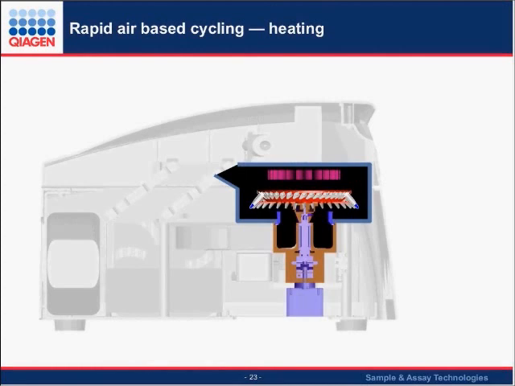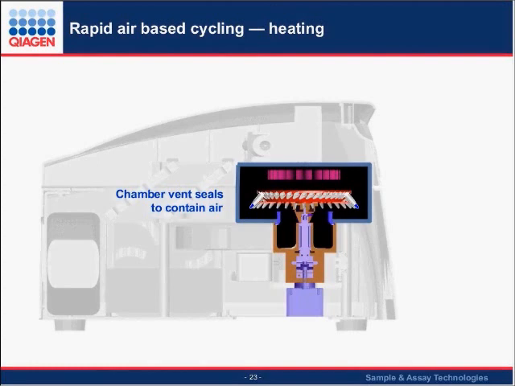Okay. Now, one of the things that's very interesting about the Rotor-Gene is that instead of having a plate-based heating system, which can have hot spots and cool spots because of the Peltier heating and cooling systems that are there, it has a rotor which brings hot air in from the room and heats the air in the chamber, and then cools down by pulling cool air in from the room.